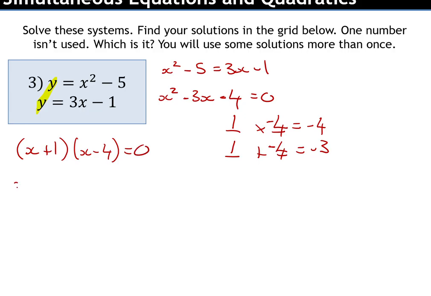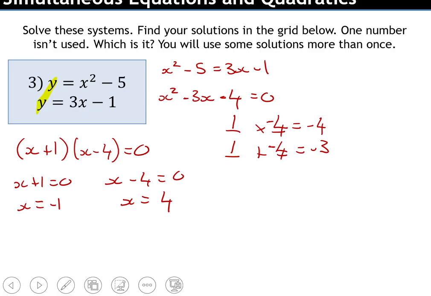And that gives me two answers. X must equal -1 and x must equal +4. Again, I'm just going to substitute them into the linear equation.